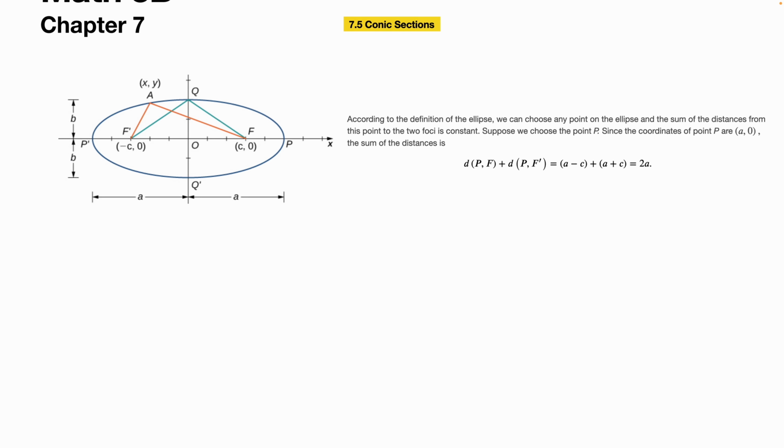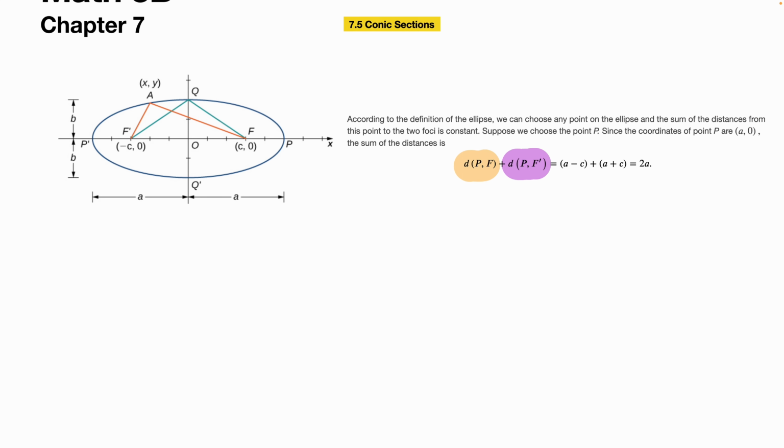And what they do is they begin by considering this distance for and this distance. So let's go ahead and mark in the picture that they provide. P to F, and they're taking P to be this point here.